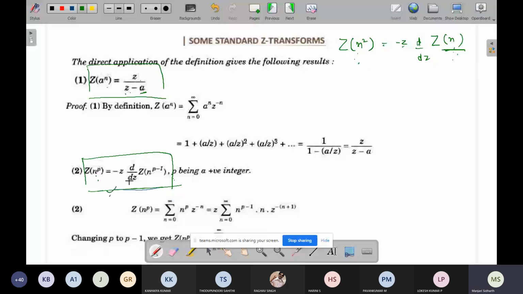Let's take the Z transform of n power p. That means the sum of n power p into z power minus n, right? Because z is independent of n, you can take one z outside. So we'll move accordingly. Take one z outside, right?